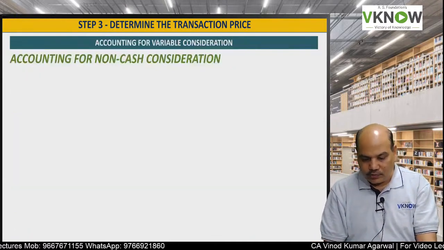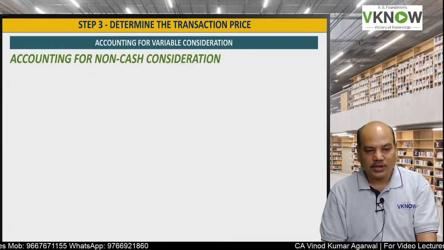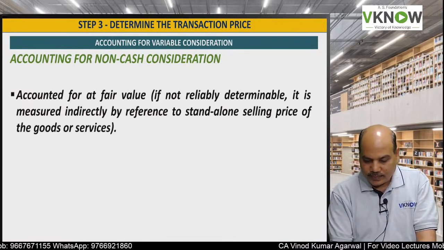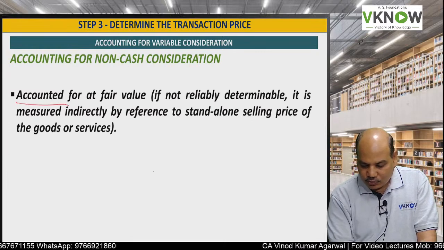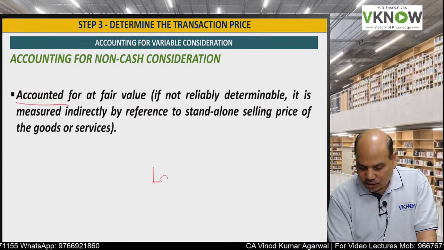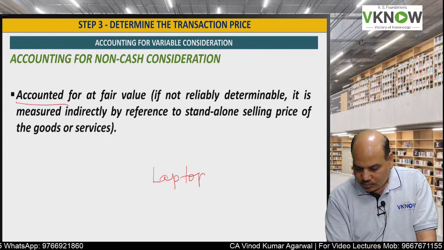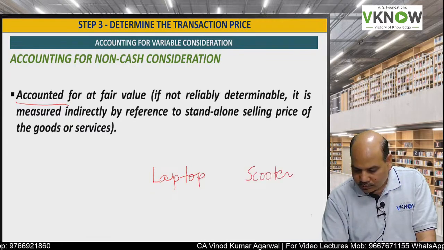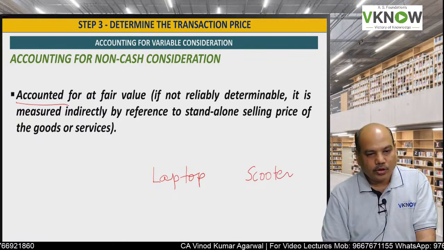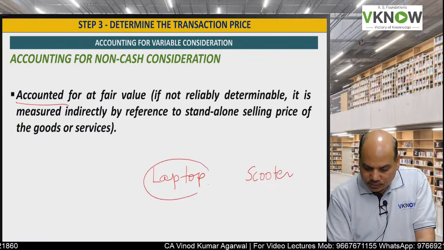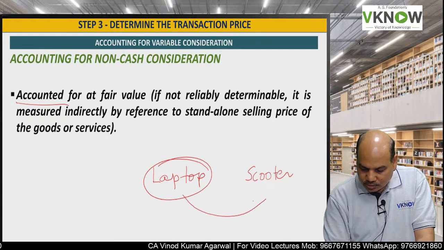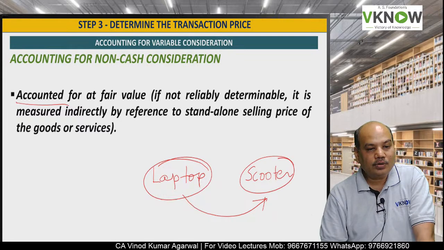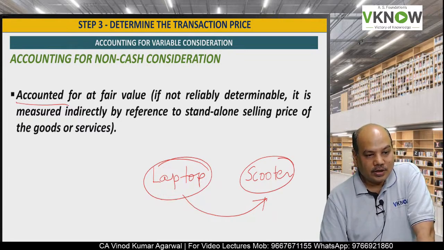So the next point is accounting for non-cash consideration. Very easy. One party says, I will give you a laptop. The other party says, I will give you a scooter. So the question is, this laptop dealer who is selling the laptop and receiving the scooter, how is he going to recognize the revenue?